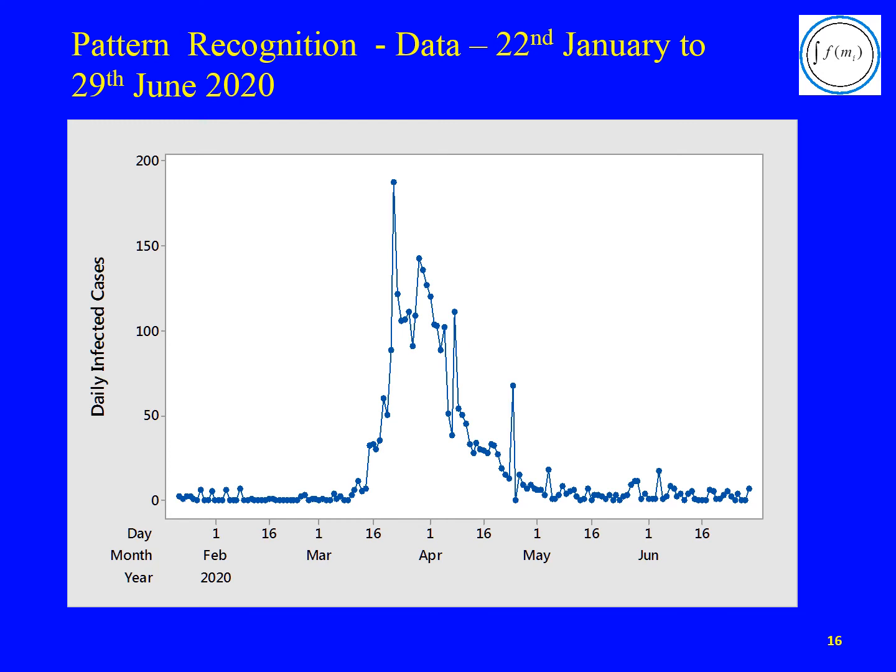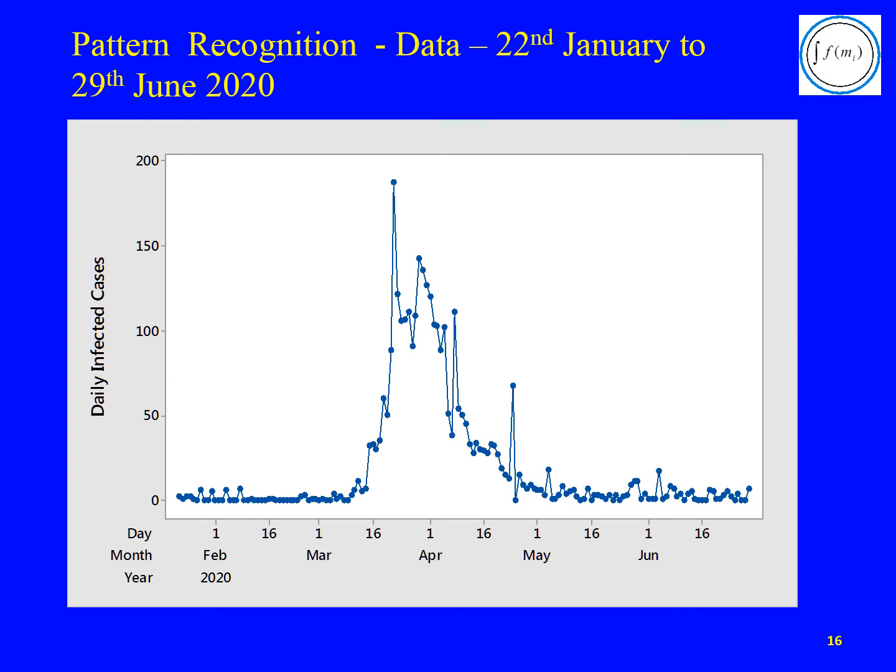This is the time series plot. It explains the behavior of daily infected cases in the given period in Thailand. This is called pattern recognition. Now you can see there is a pattern.